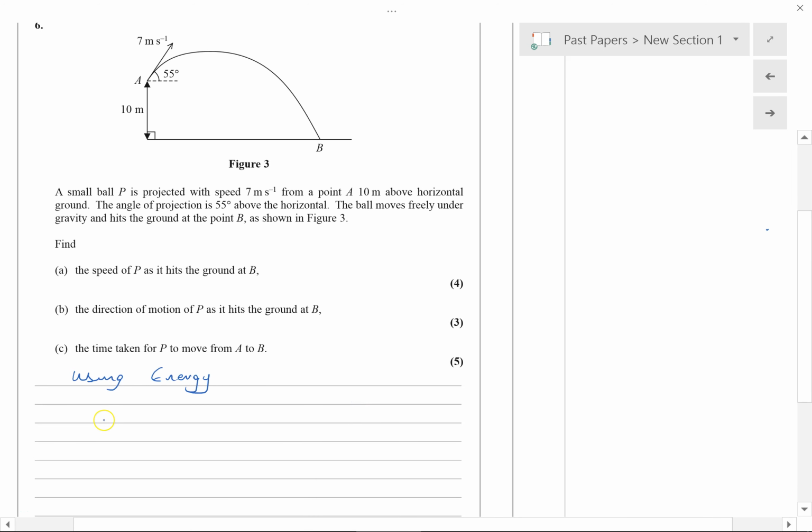So if we call this V here, half mv squared, the kinetic energy there. If we call this our 0 for potential energy, there's no potential energy there, plus half times m times 7 squared, plus the gravitational potential energy, which is m times g, which is 9.8, but I'll just write it like that for now, times 10.